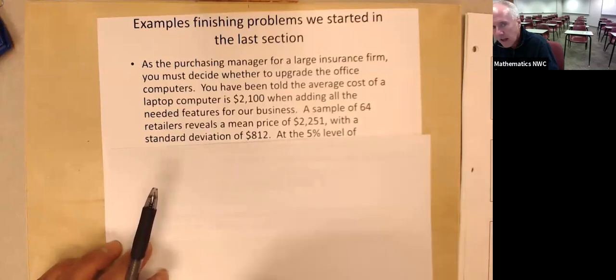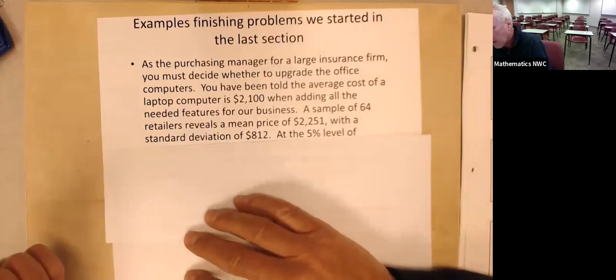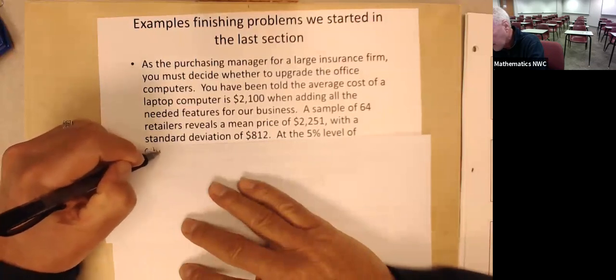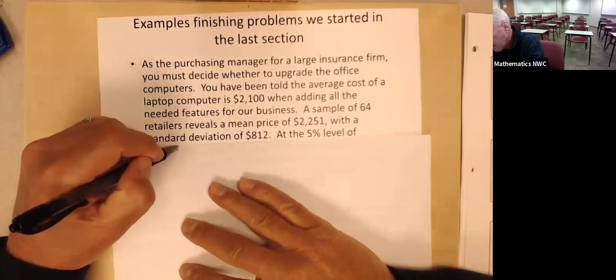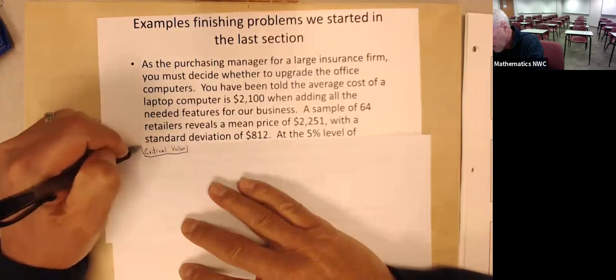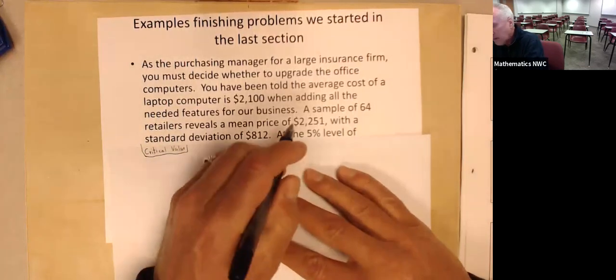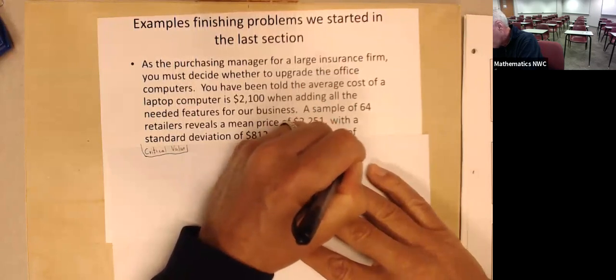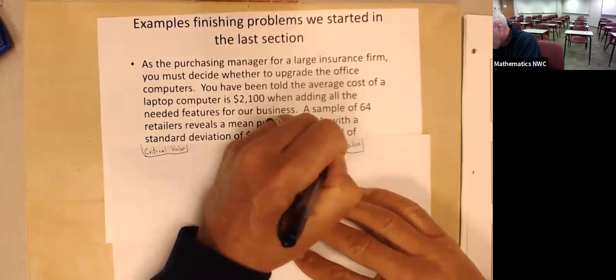To help you understand the difference, I'm going to do a critical value on the left side, and I'll be doing a p-value on the right side.